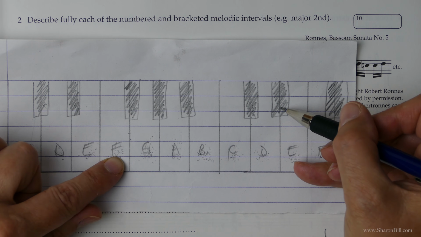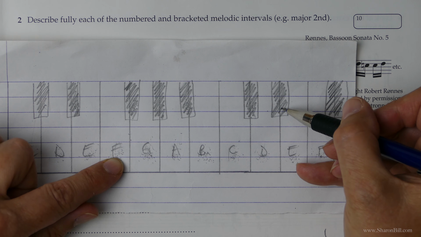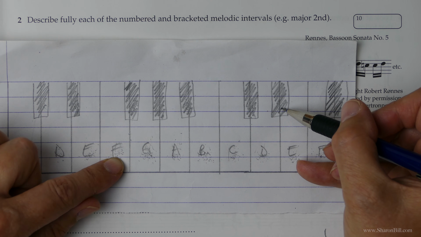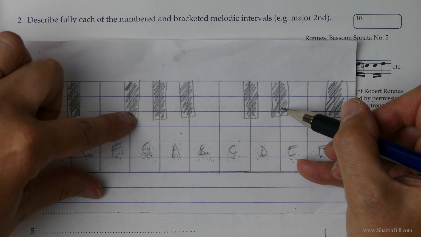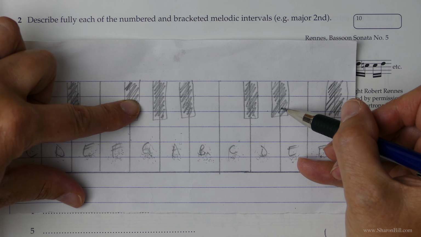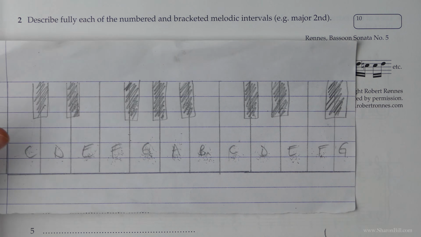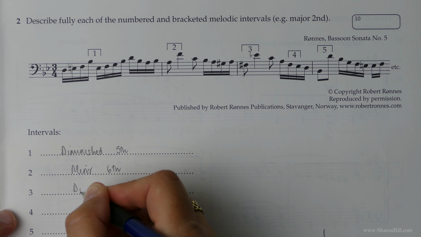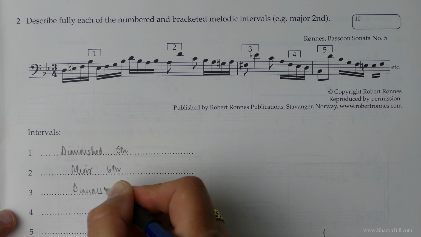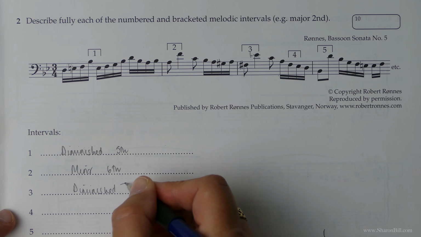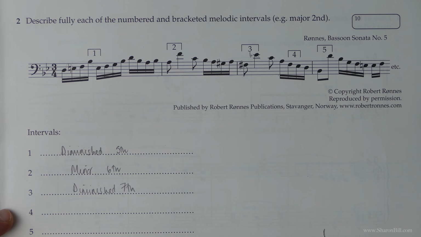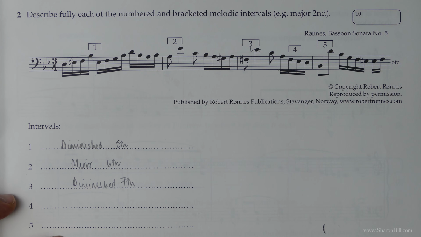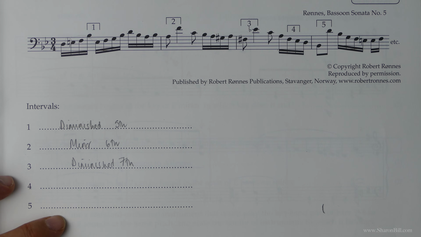It's an E flat, and so that's minor. We've made it small, but actually the lowest note is an F sharp, which makes it smaller again, and so it's a diminished interval. So we've got a diminished 7th there. There we go. Let's have a look at the next one.